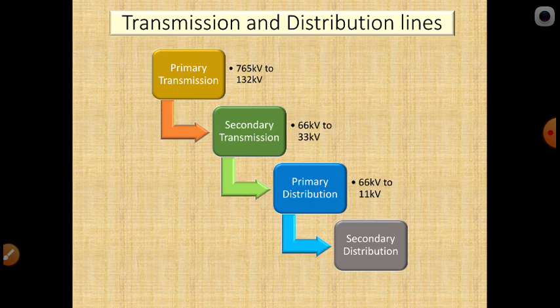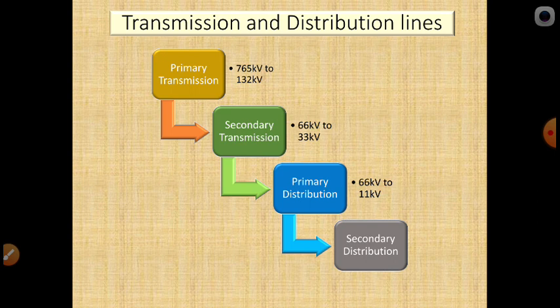All major substations are surrounding the city only. So from the generating plant to the nearby city load center, we are providing different sizes of transmission lines. Those lines are known as primary transmission. Its voltage is nearly 132 kV to 765 kV.